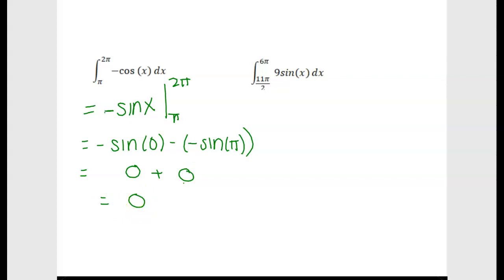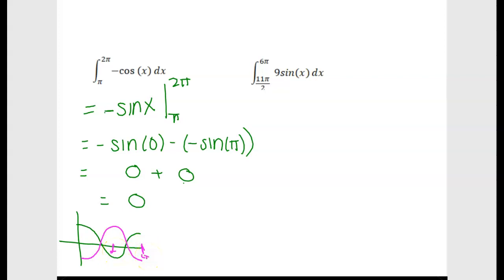So what that means is that the area under the curve of the inverted cosine function, where normal cosine goes like this and now you've inverted it, from pi to 2 pi is 0.